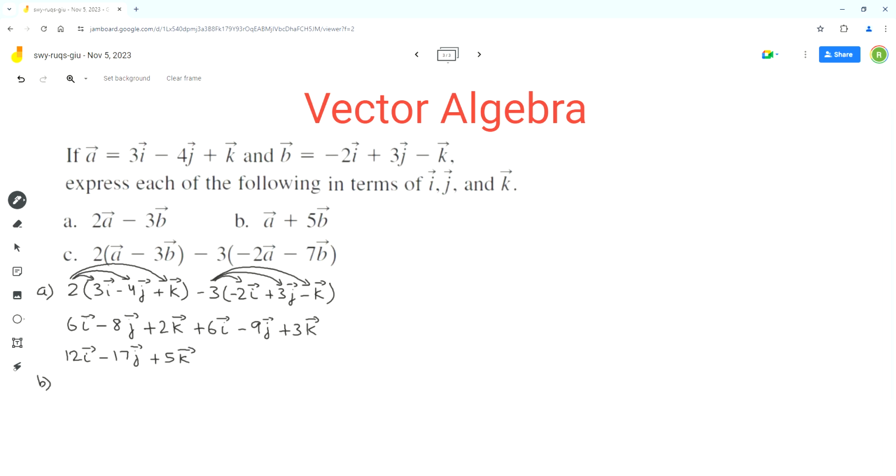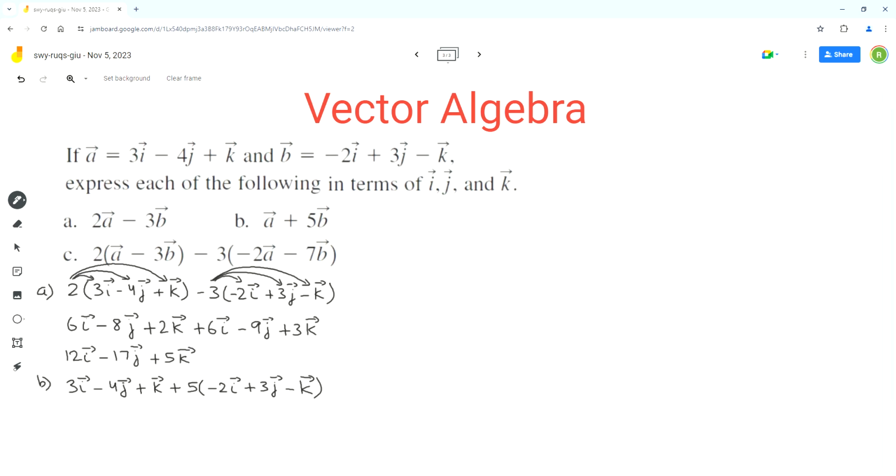So we'll sub in the vectors A and B. Now we can multiply the vector B by 5.